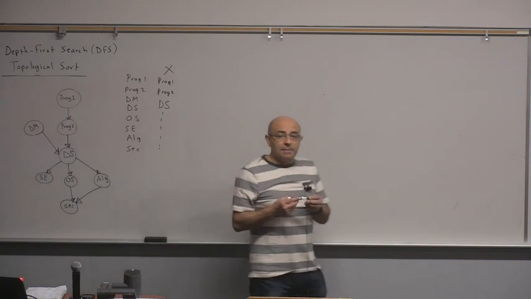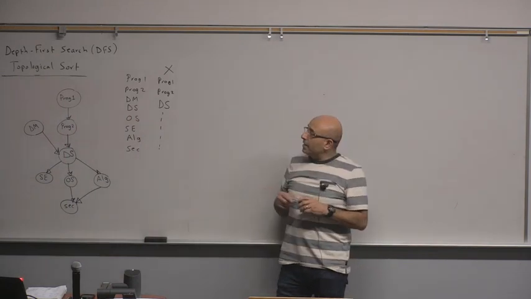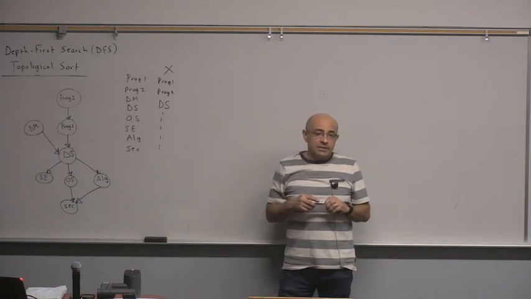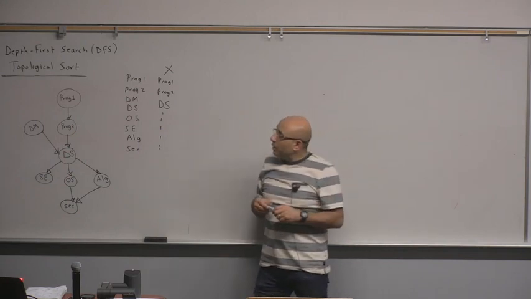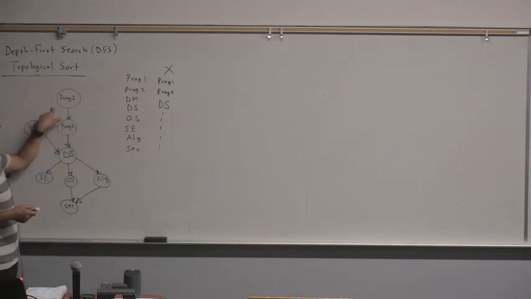So basically, topological sort is finding an ordering of the vertices such that whenever there is an edge from x to y, x appears before y.